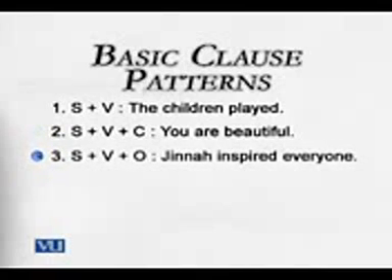Sentence number 3, S plus V plus O. Muhammad Ali Jinnah inspired everyone. Now, Muhammad Ali Jinnah is your subject, inspired is verb, and everyone is object. So here the verb was actually an action verb, therefore we have everyone as object.